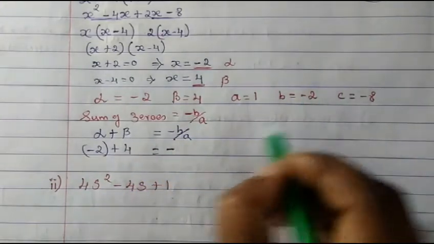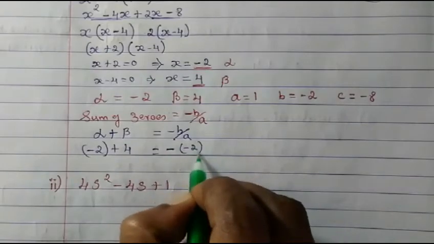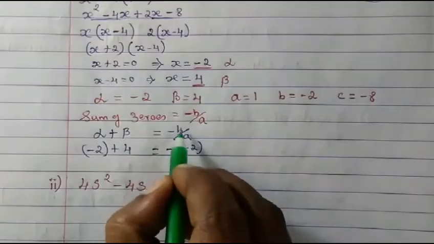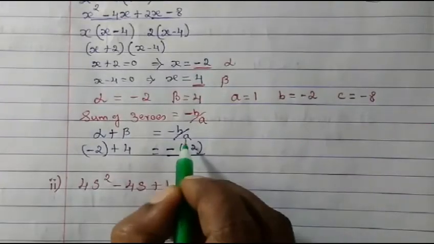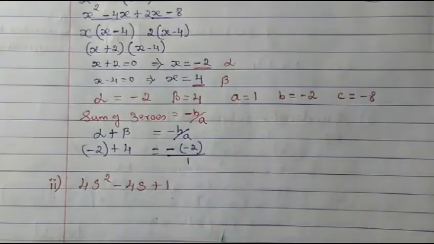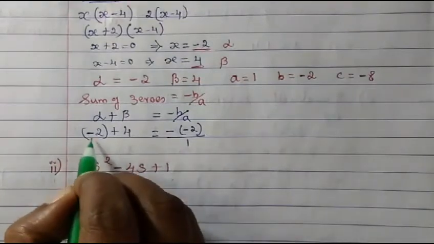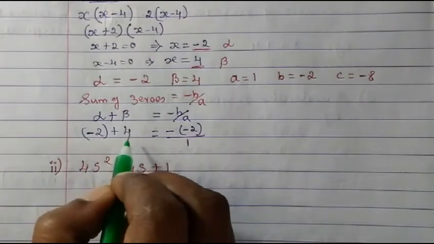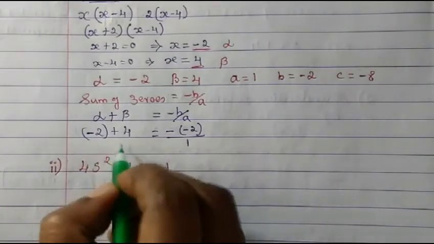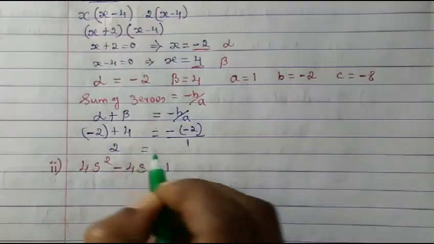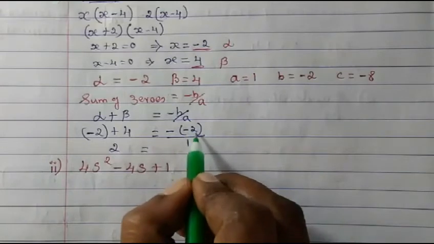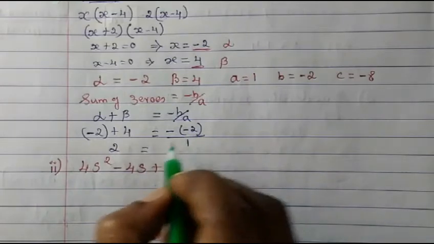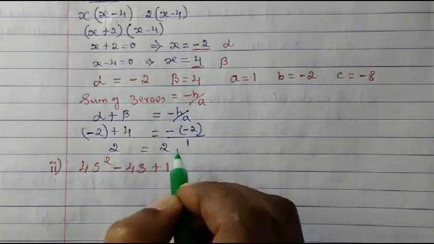B is minus 2. See, write this minus as it is, and then write the b value here. B value is this. Then a is what? A is 1. So then minus 2 plus 4 will give us plus 2. And then here minus into minus will become plus, and then 2 upon 1, 1 has no value. Here also we will get the answer 2.